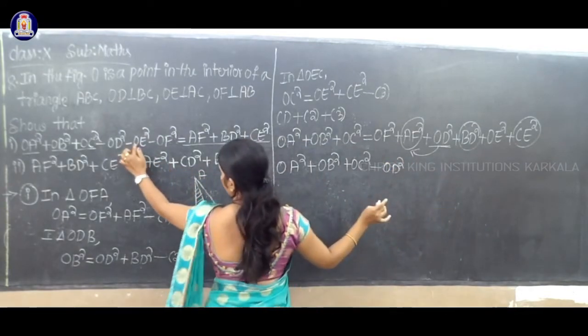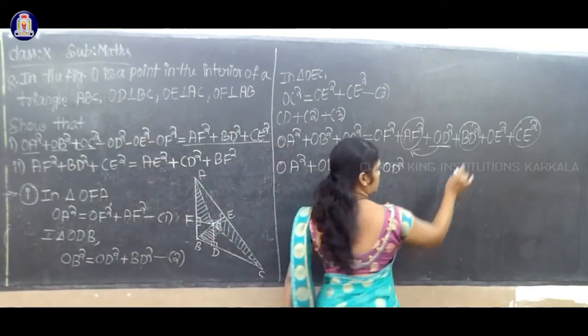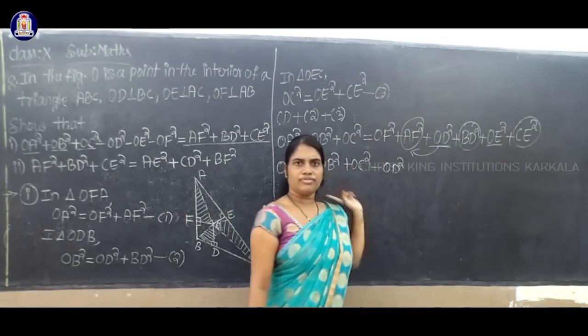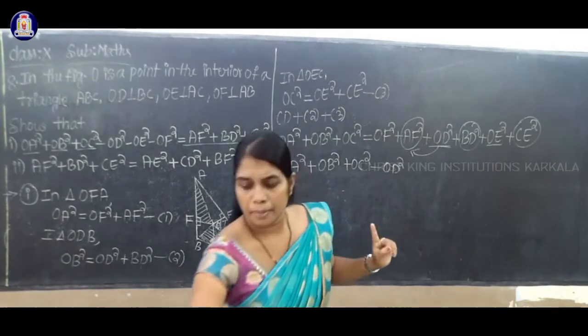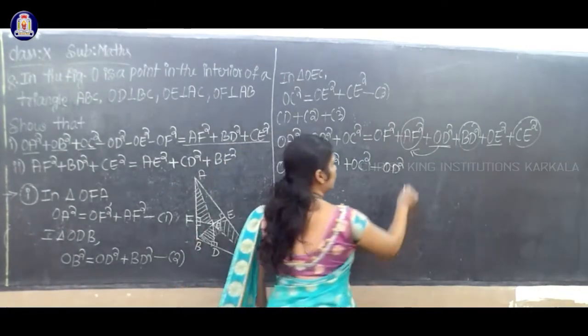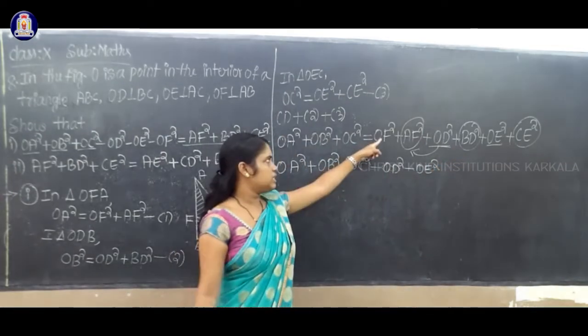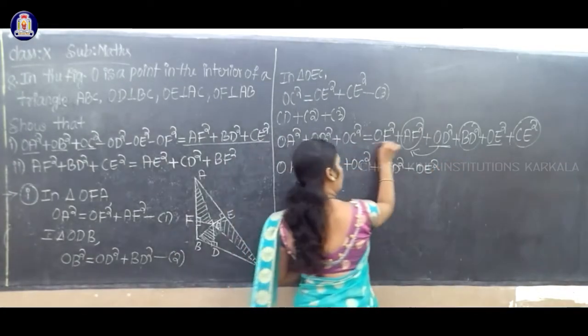Next, OE. While it comes to the left hand side, what will it become? Minus OE square. Next, the last remaining term, OF.